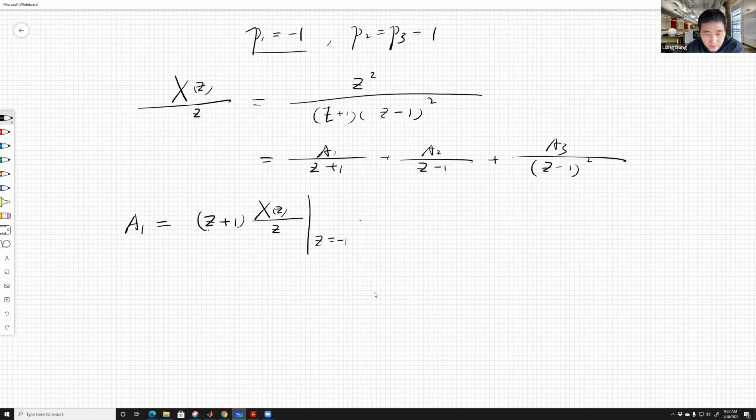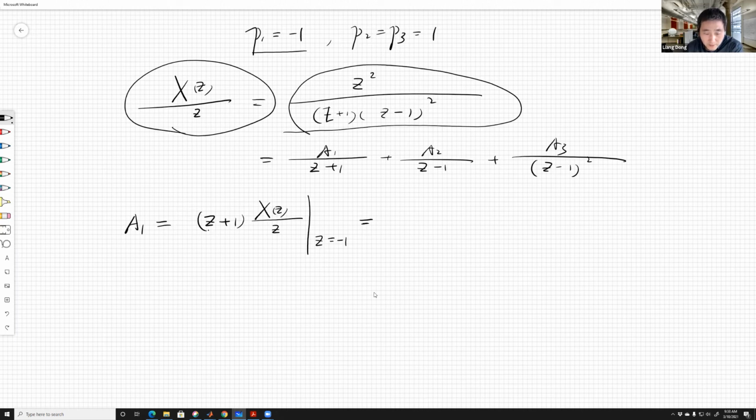Once we do the multiplication, again I'm going to multiply by this guy. Right? This is my xz over z. So multiply by this. We have the numerator z squared, denominator is z subtract 1 squared. Z plus 1 cancelled out. And we evaluate at z equal to -1. So we plug this in, it's 1, and this is 2 squared, it's 1 over 4. So we find out A1 is 1 over 4, very easy.